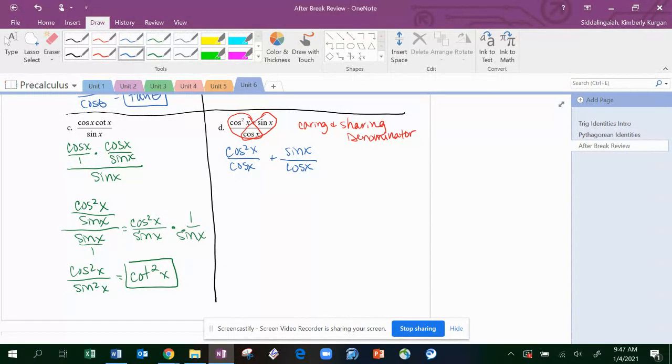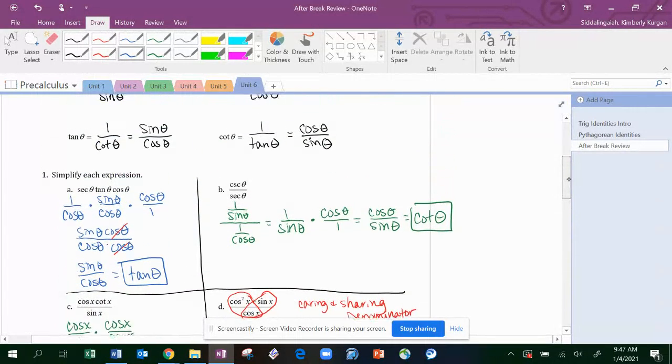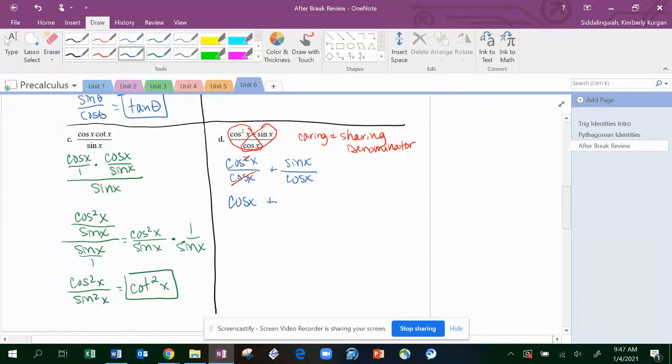Okay, so once I do this, what I see is that I can cancel this cosine out and make this just a single cosine. So I have cosine x plus, and then sine over cosine. If I look back up, that's actually tangent.